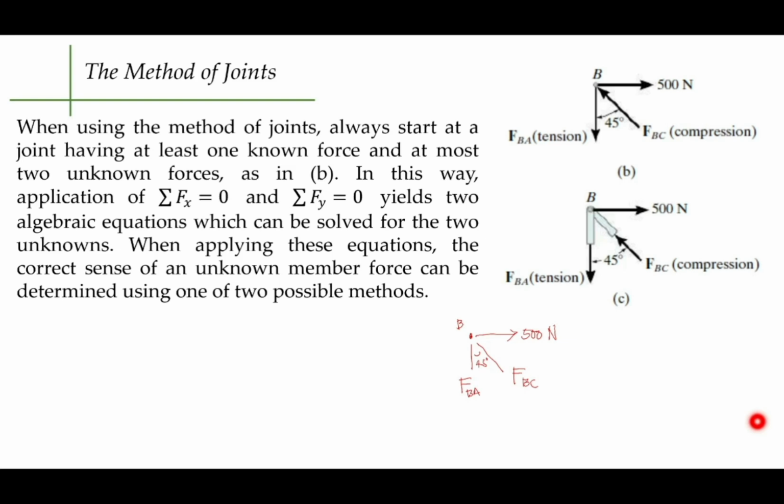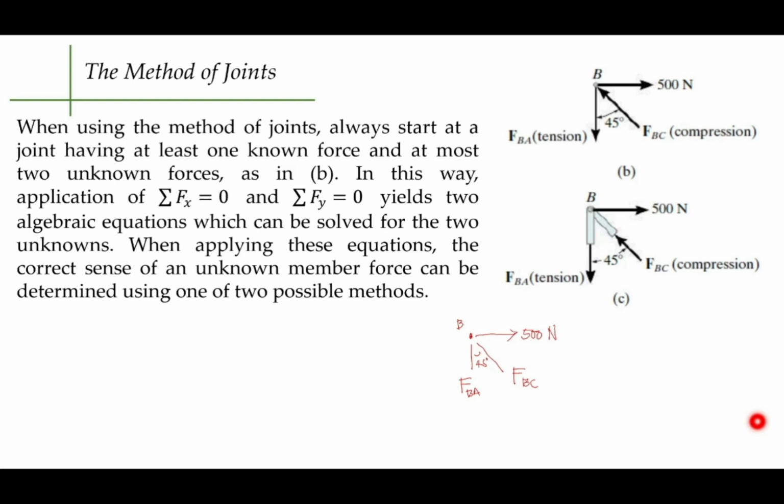Now, it simply means also that BC is the only force here acting at point B that has two components, X and Y. For this case, 500 is directed along X, which is going to the right. So to maintain equilibrium, your BC must have an X component going to the left.